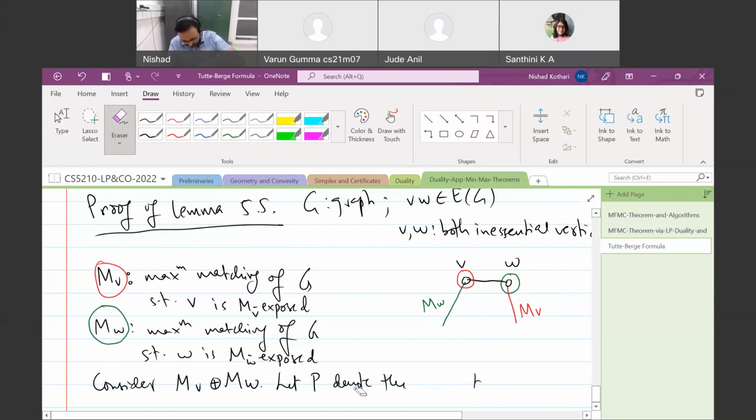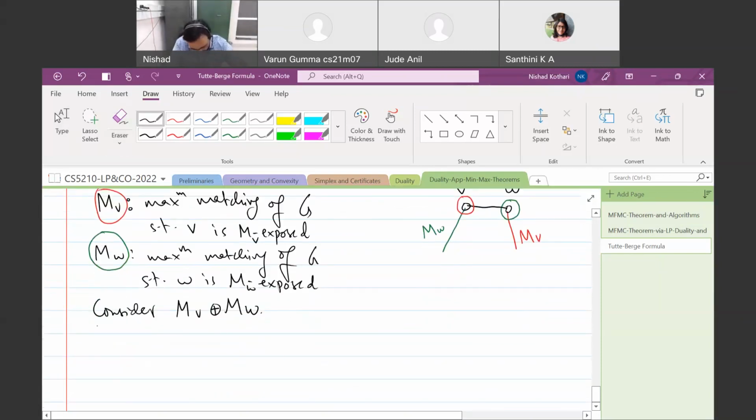Maybe let me leave some space. Let P denote the component of this graph. So what is this graph? We are taking all the vertices, but we are taking only the edges which are red or green, but not both, right?